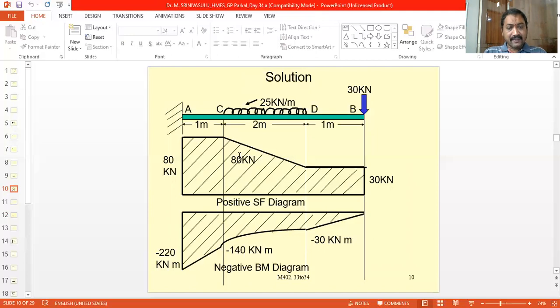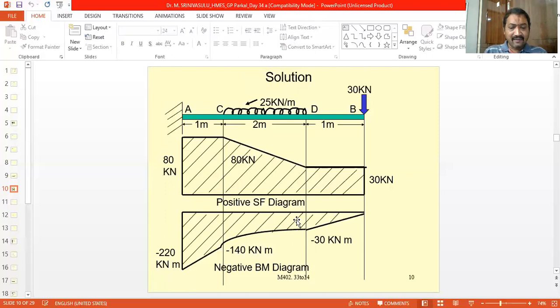And that point load will cause a straight line. So therefore, we have to join the values between the points A and C with a straight line. So this is a straight line, this is the curve, and this is a straight line. So this is now the required bending moment diagram for the given problem.